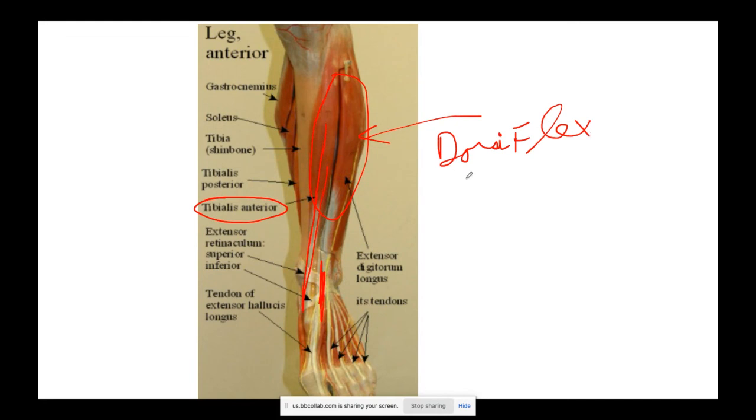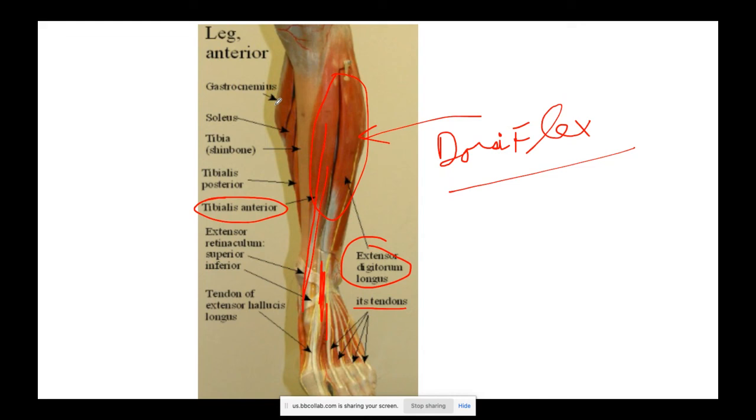So all of the anterior muscles will dorsiflex. And all of the anterior muscles that cross the dorsum of the foot will extend the toes. This muscle here is the extensor digitorum longus, and if you look, here are the tendons, they cross the toes on the top of the foot. Since it crosses the ankle, it'll dorsiflex the foot, and since it crosses the toes, it'll extend the toes.